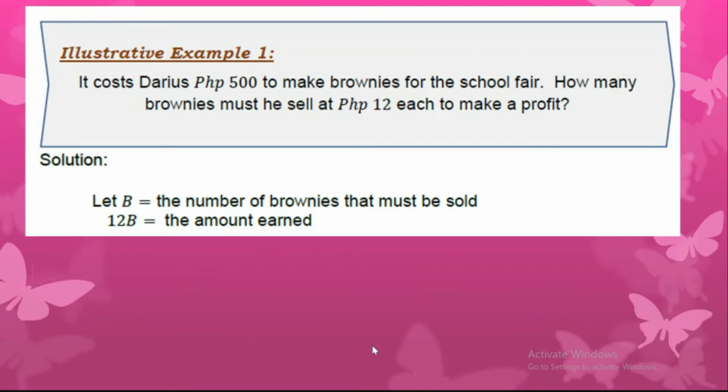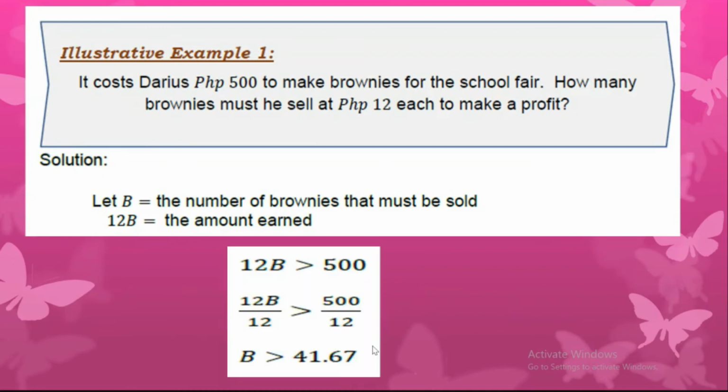We have B, the number of brownies that must be sold, and 12B be the amount earned, because we have 12 pesos for each brownie sold by Darius.